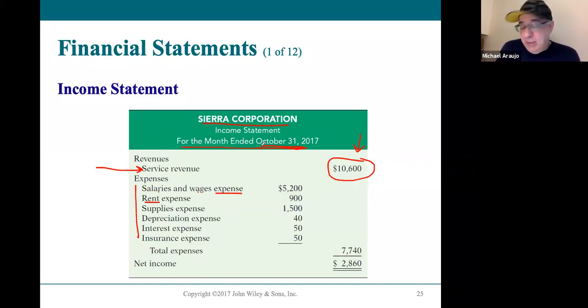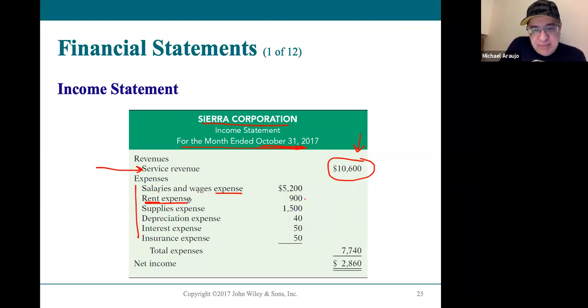That's very true. A lot of doctors' offices usually rent their space. A lot of them don't own that stuff. They just rent it out through these office buildings. And so this is a very common expense, but $900 of rent was used in the month of October to keep this business open. And so that becomes an expense.